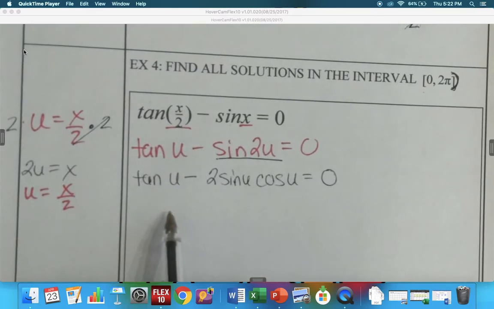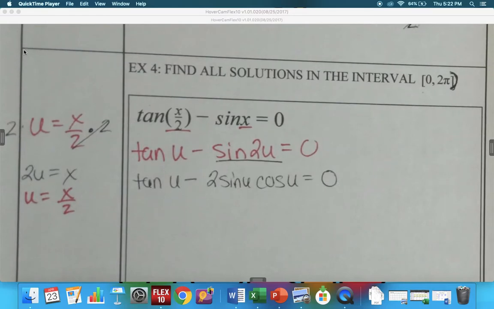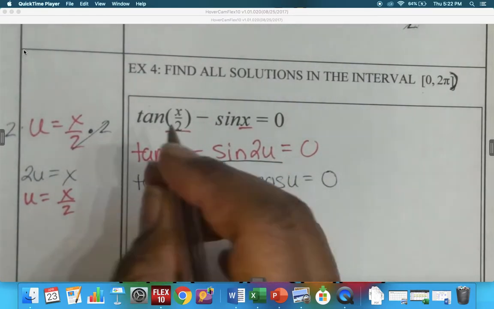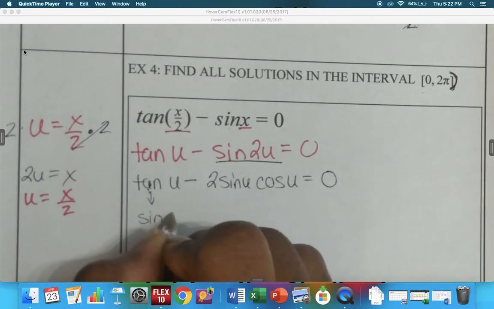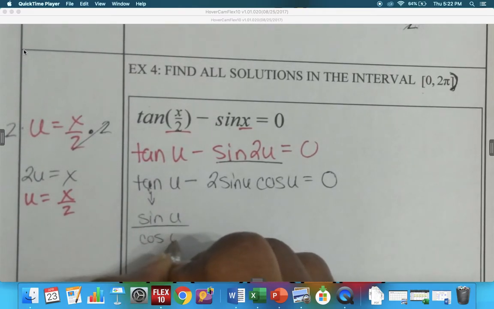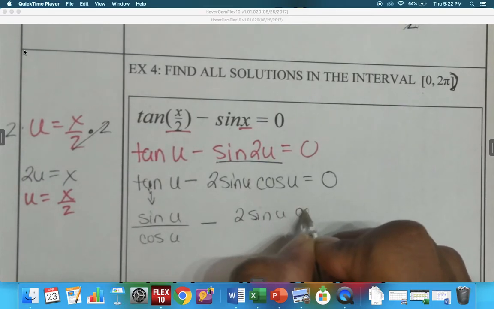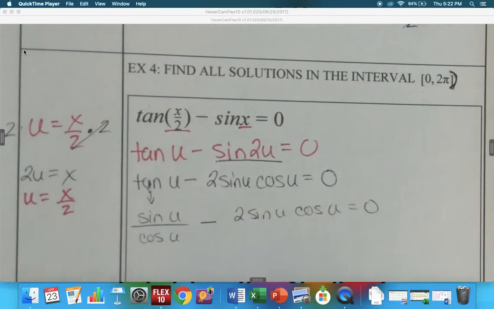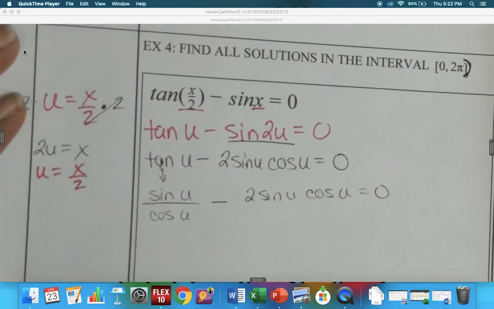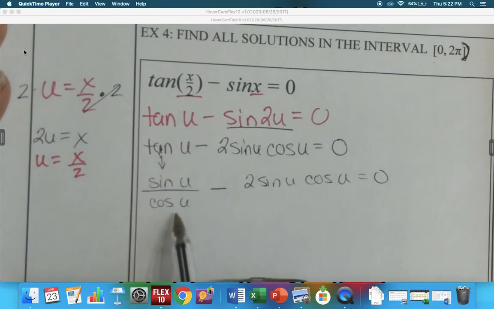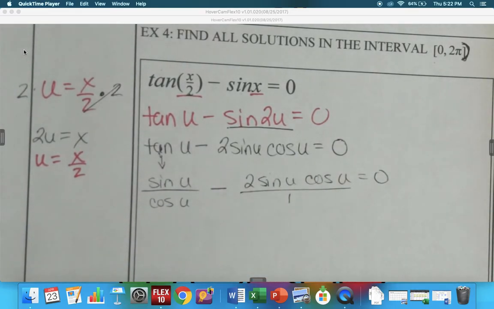I don't really want to have to deal with all these different trig ratios in one problem. So I'm going to change this to sine and cosine terms. Tangent is sine over cosine. We still have minus 2 sine u cos u. I'm still simplifying as much as I can. Right now, this is over 1, because it's a whole number.